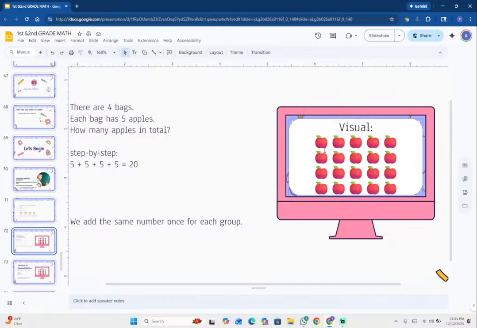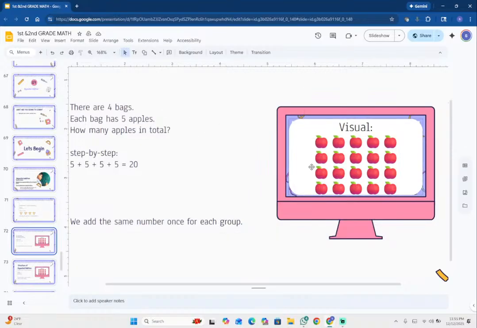So 5 plus 5 plus 5 plus 5. If we count everything up, that's 1, 2, 3, 4, 5, 6, 7, 8, 9, 10, 11, 12, 13, 14, 15, 16, 17, 18, 19, 20.